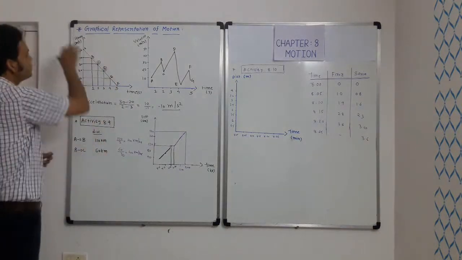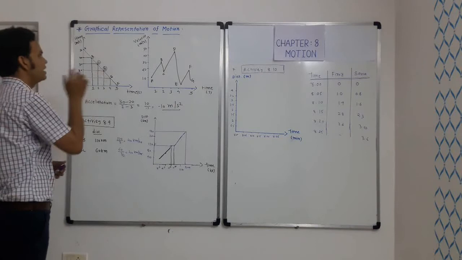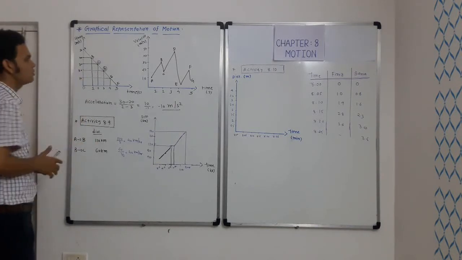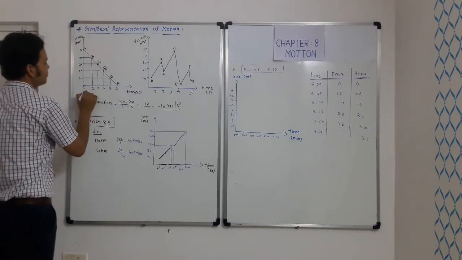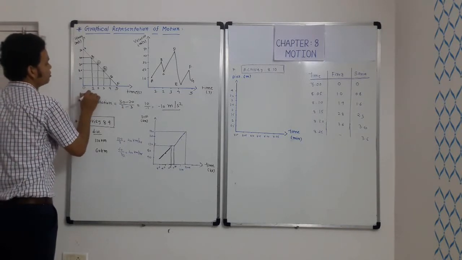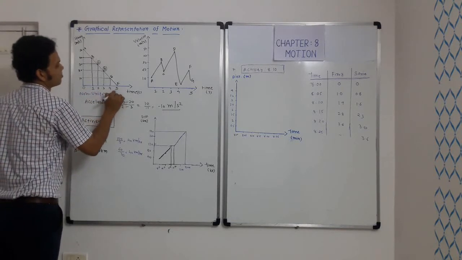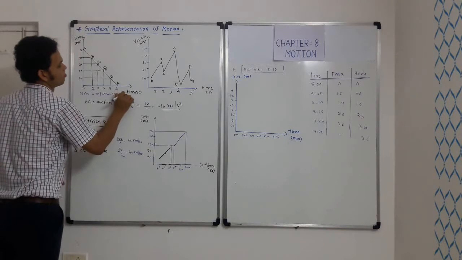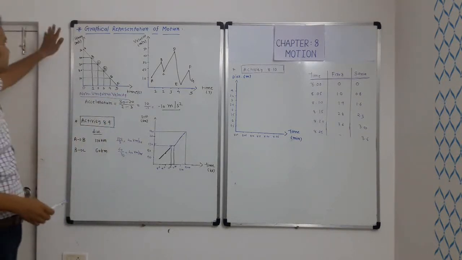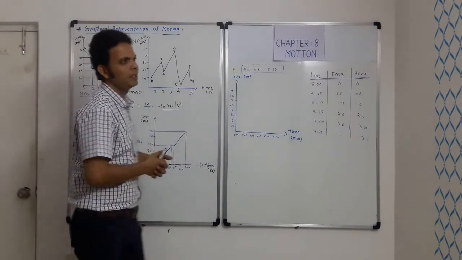Similarly, when velocity decreases, with equal decrement in equal intervals of time, then also it is known as non-uniform velocity.